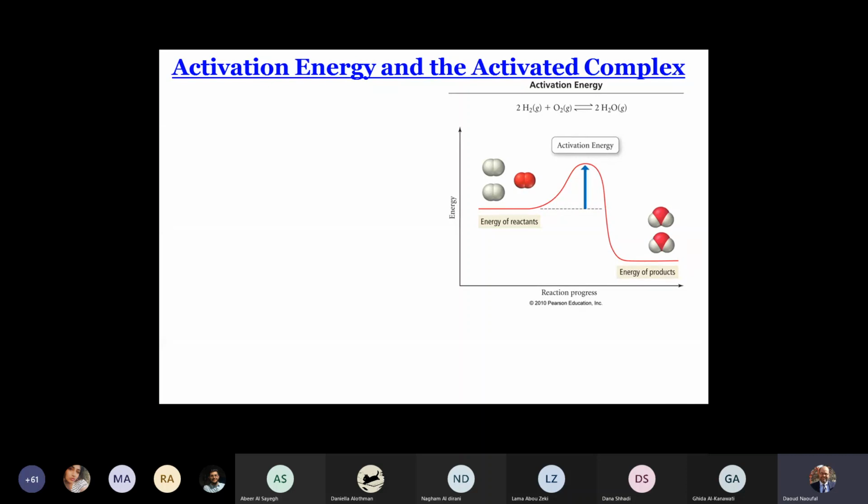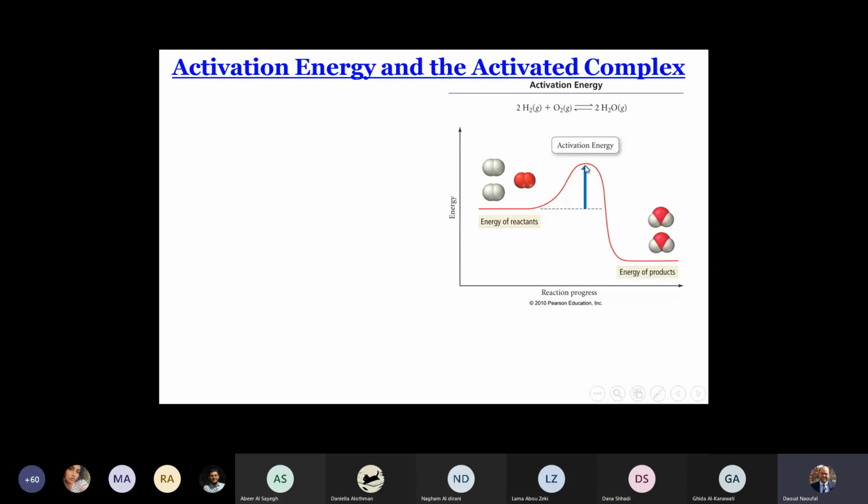This intermediate is unstable since the energy is great, and the intermediate is called the activated complex. Why activated complex? Complex since it's a certain relation between H2 and O2, but we don't know the stoichiometry of this complex.